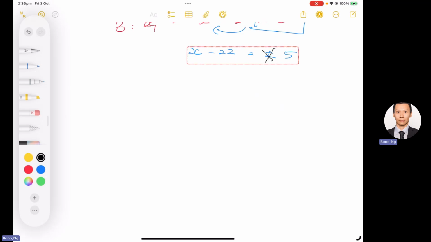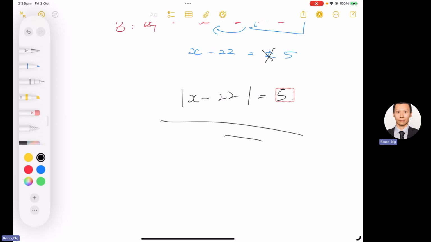And then instead, you put 2 absolute value blocks on the left. And that is the solution. Okay, that will be the end of 2.5.